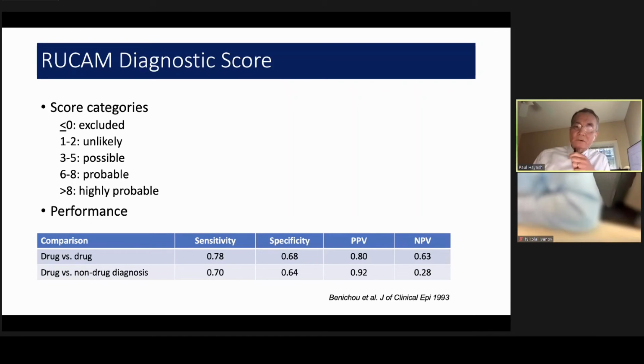And even the original authors go through a lot of discussion about this. There was a fair amount of bias, for example, in the controls they used. But in any case, these are the performance numbers you have: sensitivity and specificity for drug versus drug and for drug versus non-drug diagnoses. So not bad, but certainly not enough to be a standalone tool, either in clinical practice or in drug development.